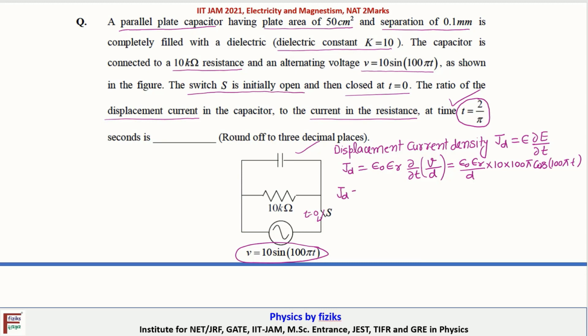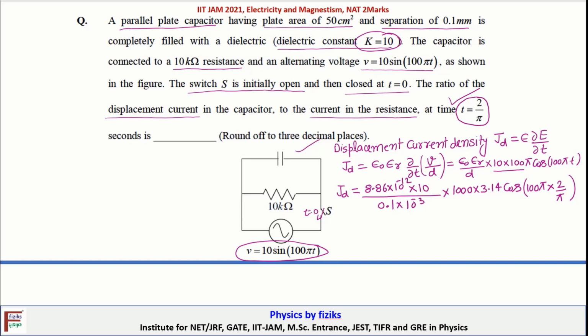So JD is given by epsilon 0 is 8.86 times 10 to the power minus 12, epsilon R, this K is given, that is 10, d is 0.1 mm, so that is 0.1 times 10 to the power minus 3, into 10 into 100, that will give you 1000 pi, 1000 into pi is 3.14, into cos 100 pi, and t is 2 by pi.